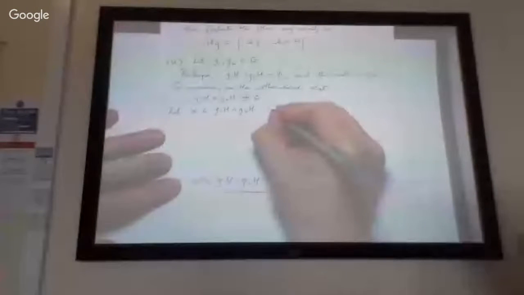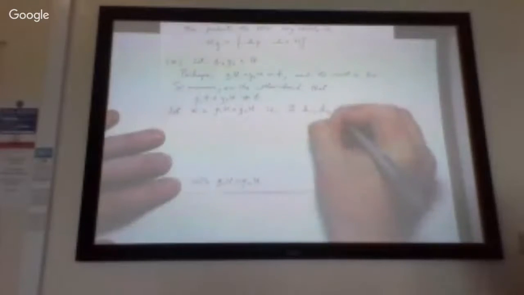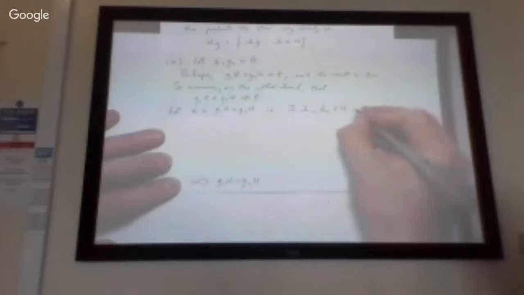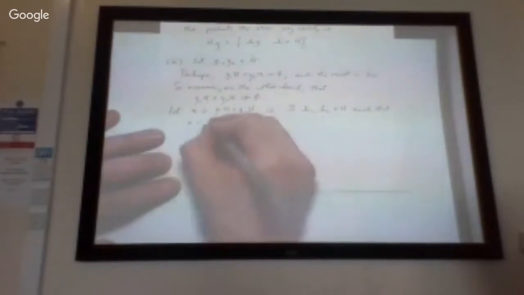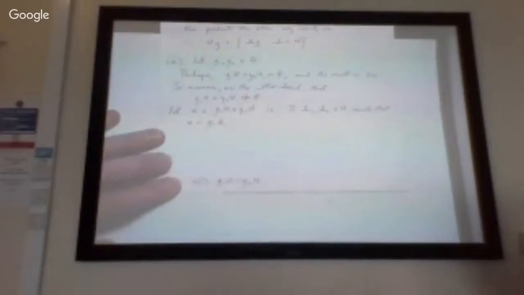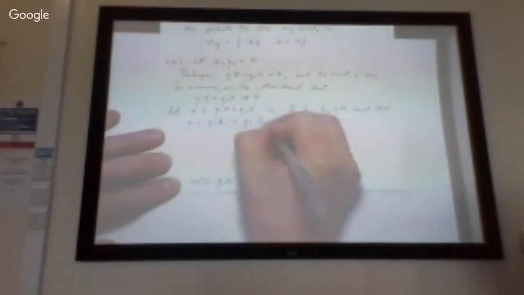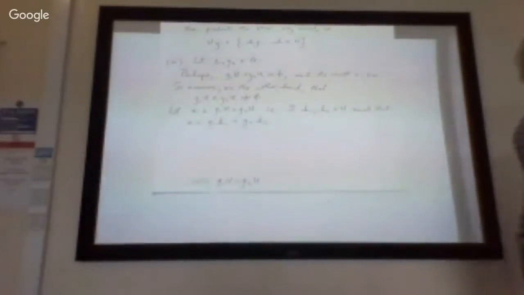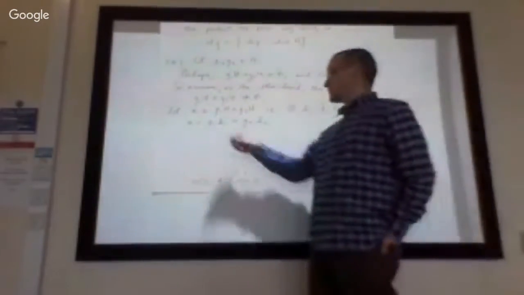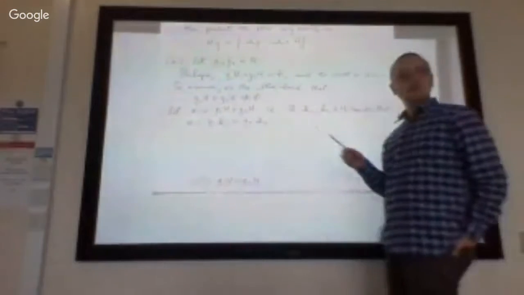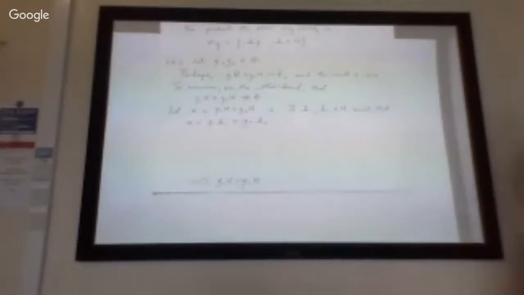I.e., there will exist two elements of H, H1, H2 in H, such that x is equal to G1H1, and that is also equal to G2H2. Because that's what it means for x to be in the intersection of the two left cosets.